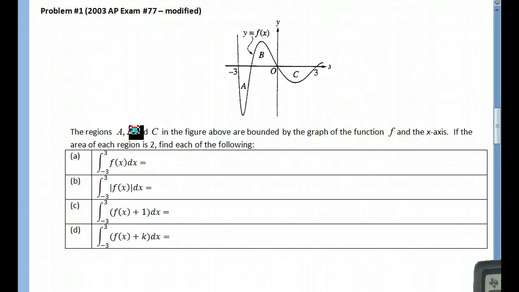Regions A, B, and C in this figure above are bounded by the graph of the function f and the x-axis. If the area of each region is 2, find each of the following. So we don't need to calculate it, and we don't need to use the calculator to find these areas. They are all equal to 2. Even though they're all funny shaped, they're all equal to 2.